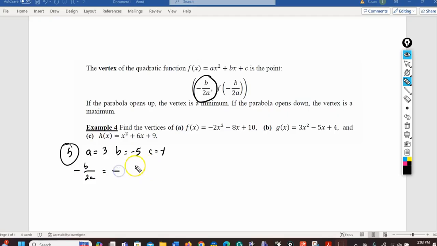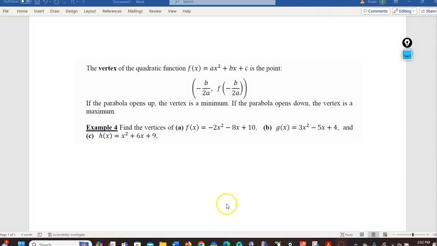It's going to be a negative, and then the numerator here is -5 over 2 times 3. So again, these two negative signs are going to cancel, and I'm going to get 5 over 6. So my x coordinate here is 5/6 of my vertex. Now what is the y coordinate? It's going to be f of 5/6. So let's just make sure we're on the right path.